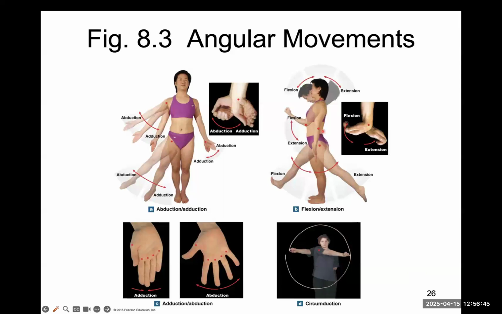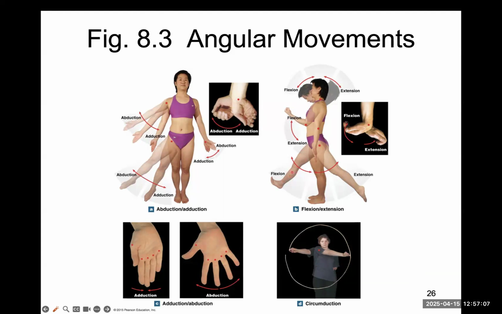So I mentioned in the lab that the thigh is between your hip and your knee, and then this part is your leg: between your knee and your ankle is your leg. Okay, so what's happening here?